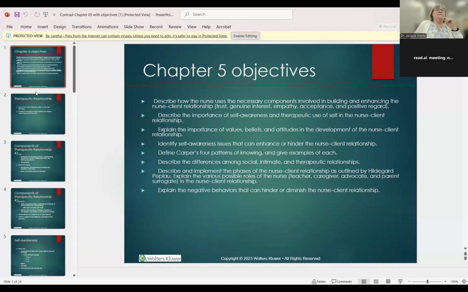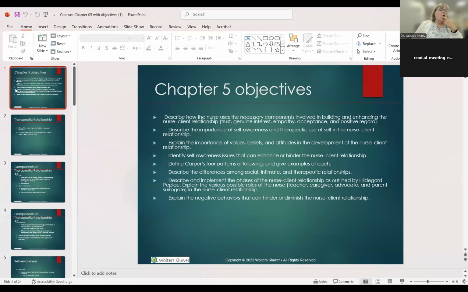Chapter 5, we have our objectives here, which are basically, like I've said before, at the beginning of the chapter. So it just tells you what we're going to cover. The nurse's use of necessary components involved in building and enhancing the nurse-client relationship: trust, interest, empathy, acceptance, and positive regard. Describe the importance of self-awareness, explain the importance of values, beliefs, and attitudes, and your self-awareness of those for yourself.